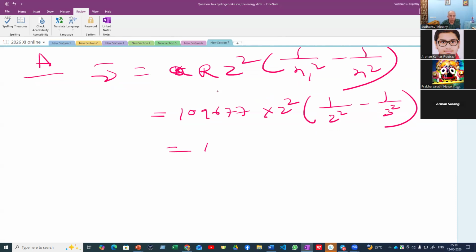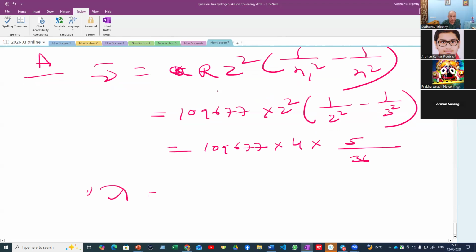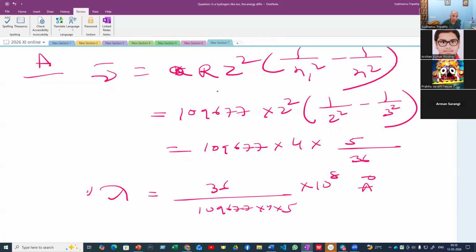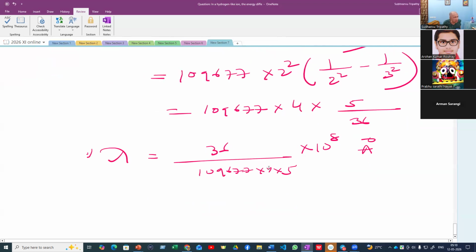So only 4 will be here. This will be 4, this will be 9, this is 36, this is 5. 5 by 36. Yes. Then you take the reciprocal: lambda is equal to 36 by 109677 into 4 into 5, and make it 10 to the 8 angstrom immediately, because this is centimeter per 10 to the 8. So you can get this, I think, will be less than 3800. It will be falling in the UV region, because it's not hydrogen.